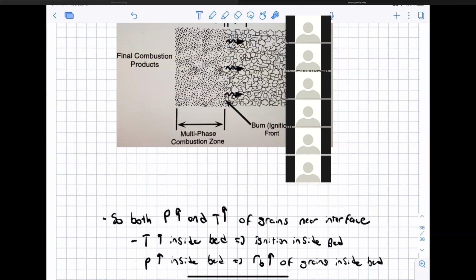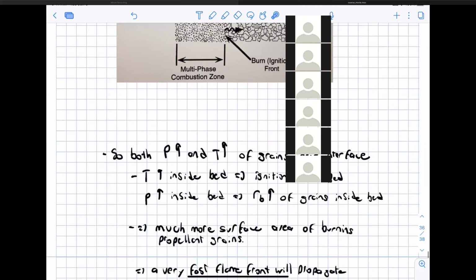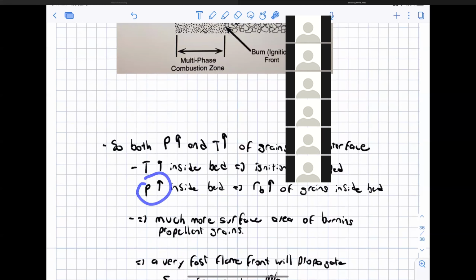And so with this convective burning, not only do you have burning on the surface of the propellant bed, but due to the convective heat transfer, there's also in-depth burning too. And also the increased pressure at the surface increases the burning rate of the propellant grains.